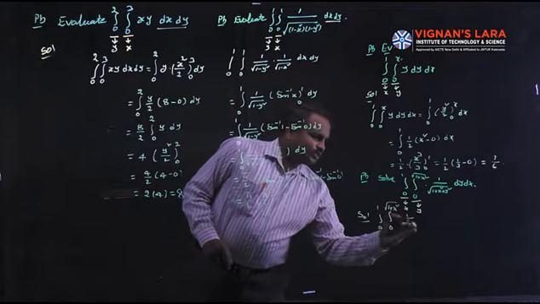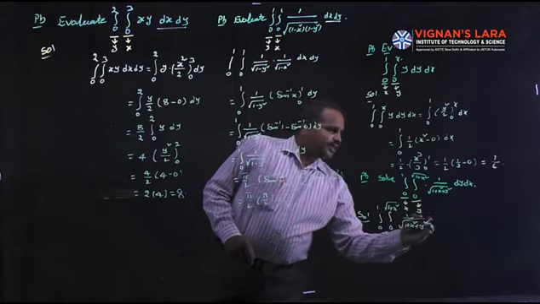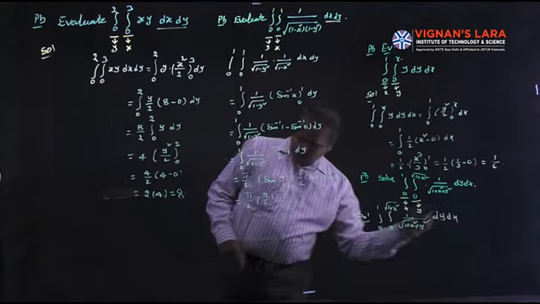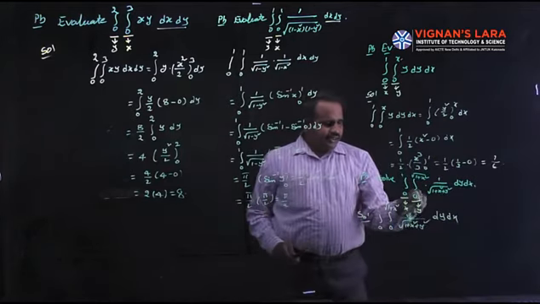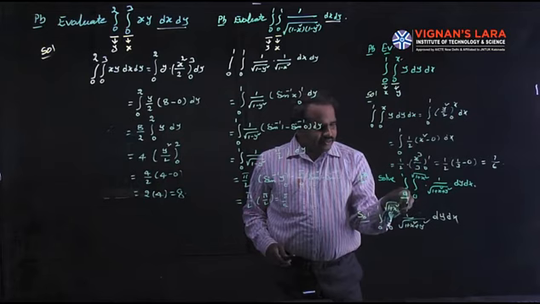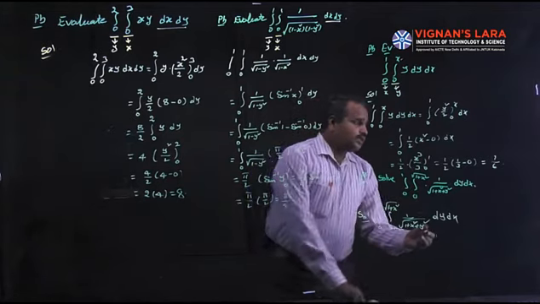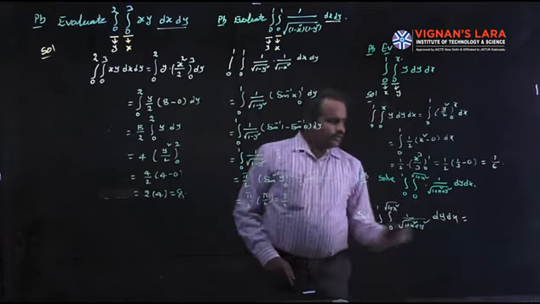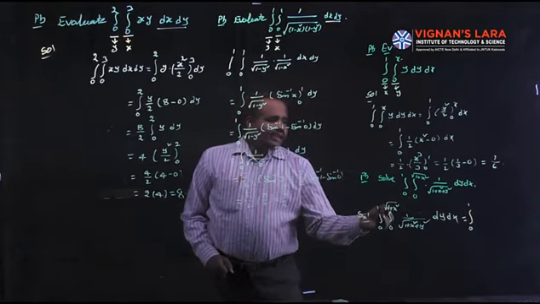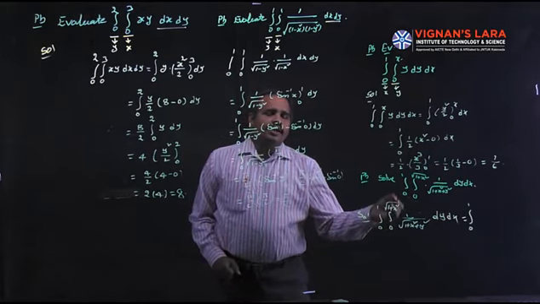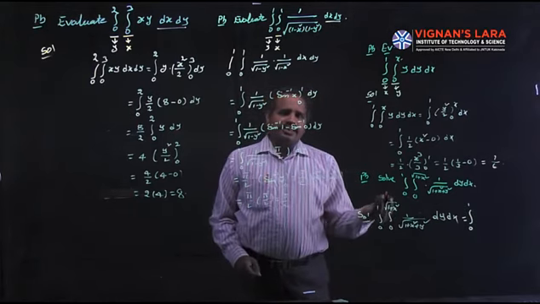Now the solution: integral 0 to 1, integral 0 to under root of 1 plus x square, of 1 by 1 plus x square plus y square, dy dx. For our convenience, take 1 plus x square as p square.